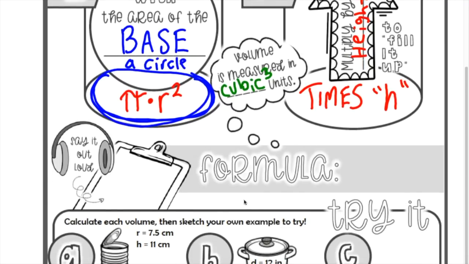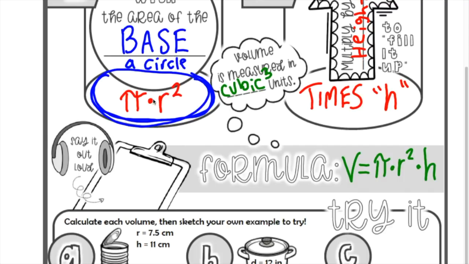So our official formula for the cylinder is going to say volume equals the area of your base. So you need pi times r squared. And then multiplied times the height. So pi is just something on your calculator you can click, times your radius.